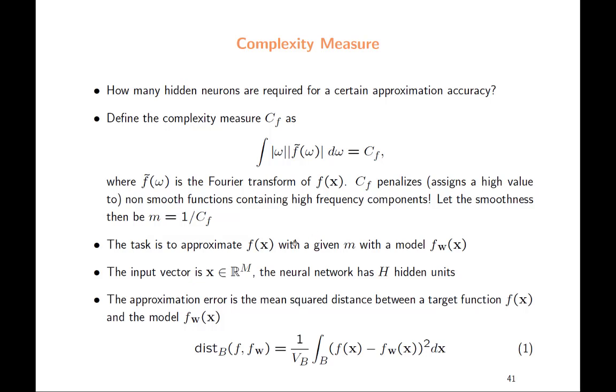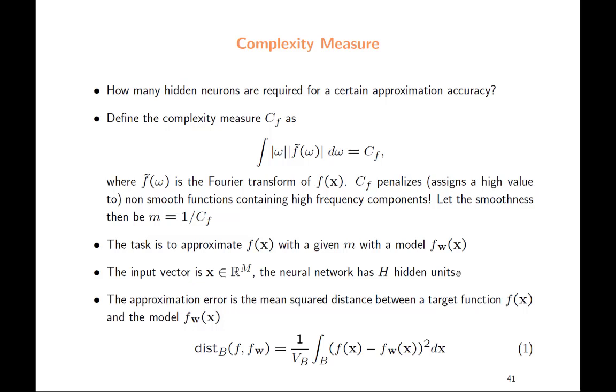The task is to approximate a function from this class of functions with a given smoothness. So we use a model f with parameters w as before. Input dimension is m, and we are considering h hidden units, so h neurons in a neural network with a single hidden layer.